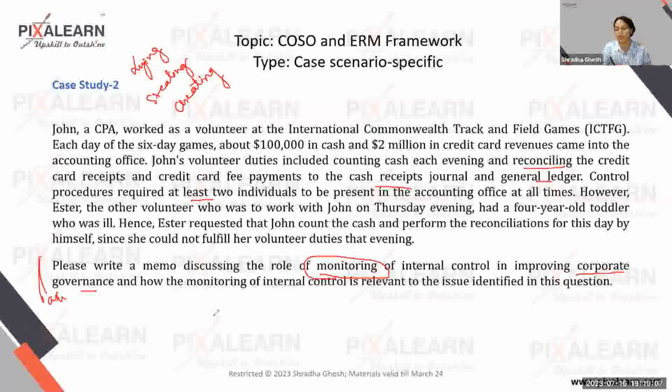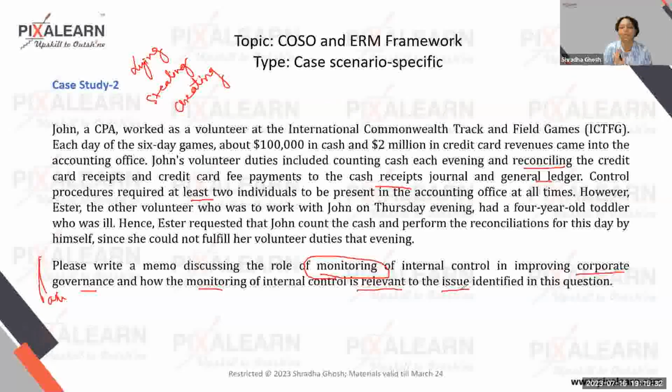Now they want me to tell them how the monitoring of internal control is relevant to the issue identified. So I'm talking about having more than one person while counting cash. Why do you think it is relevant and how is it linked to the monitoring aspect of internal control? And give me reasons for your answer.